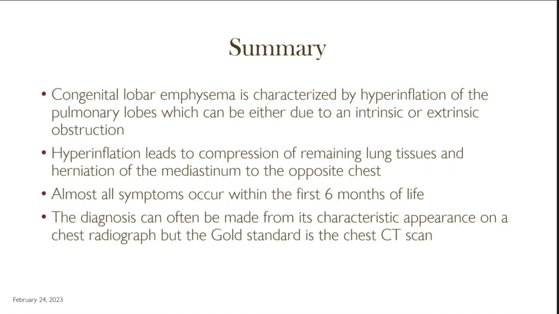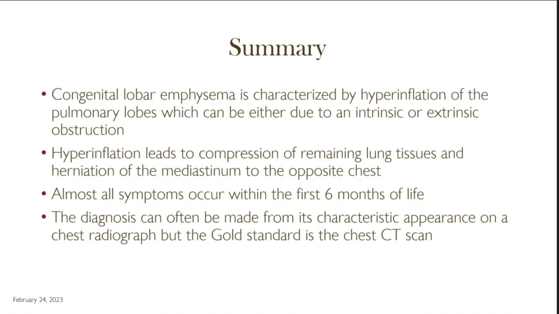So in summary, congenital lobar emphysema is characterized by hyperinflation of the pulmonary lobes, which can be due to either an intrinsic or extrinsic obstruction. Hyperinflation leads to compression of remaining lung tissues and herniation of the mediastinum to the opposite chest. Almost all symptoms occur within the first 6 months of life.